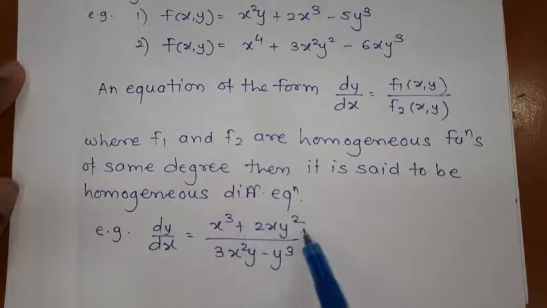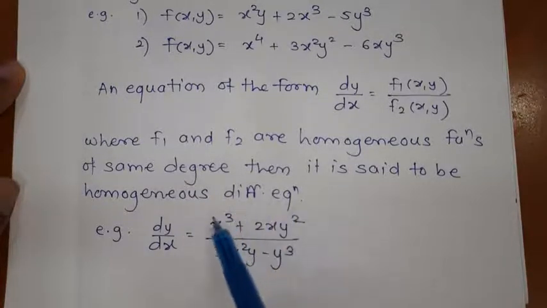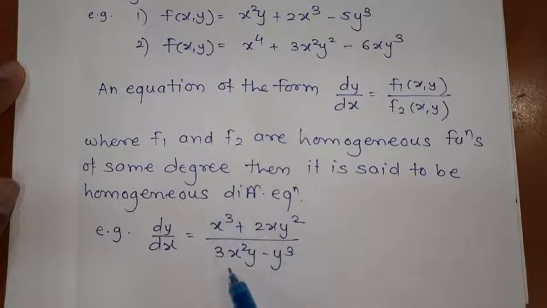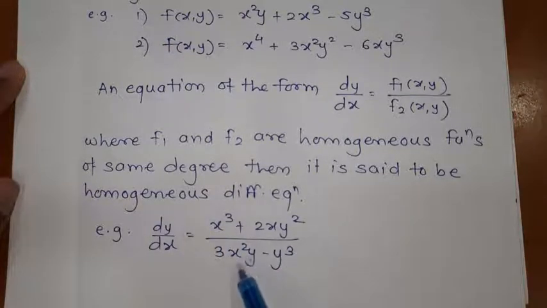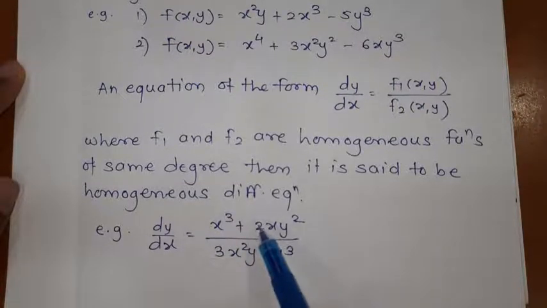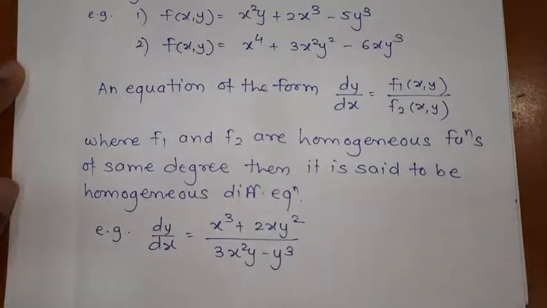That means this is a homogeneous function of degree 3. What about the denominator? Its combined power is 3, and the power is 3. So this is also a homogeneous function of degree 3. That means f1 and f2 both are homogeneous functions of degree 3, so you can declare it as a homogeneous differential equation.